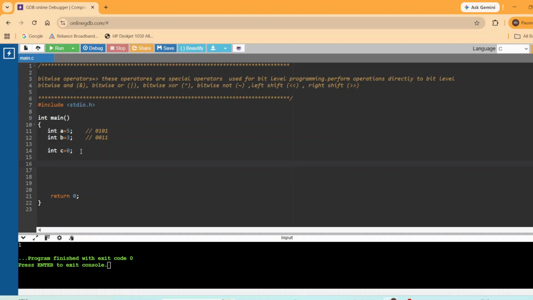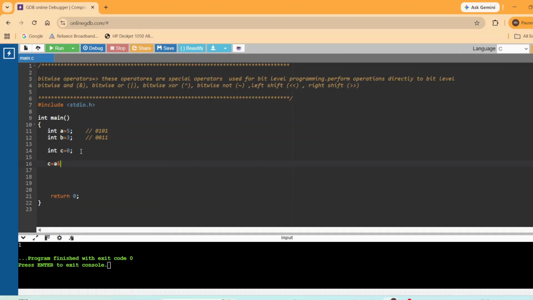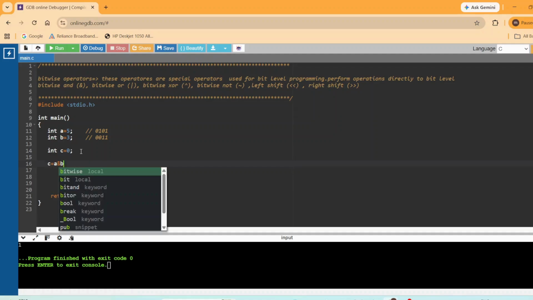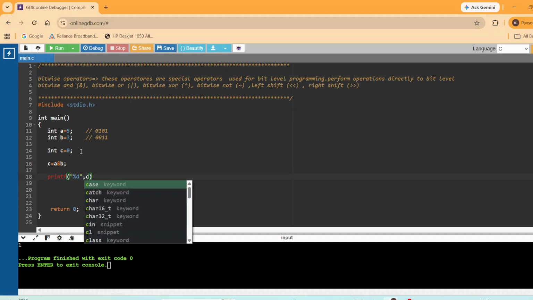So we can write c is equal to a and b. Then we can print the data, printf %d, comma, c.